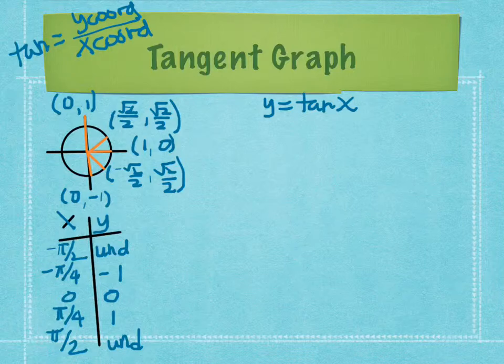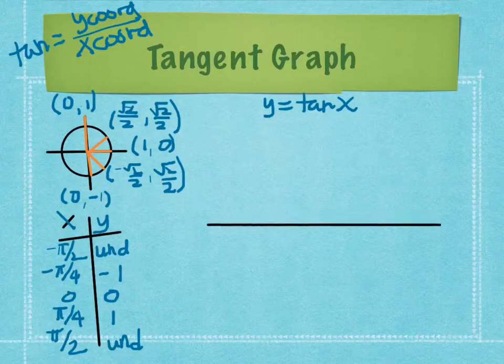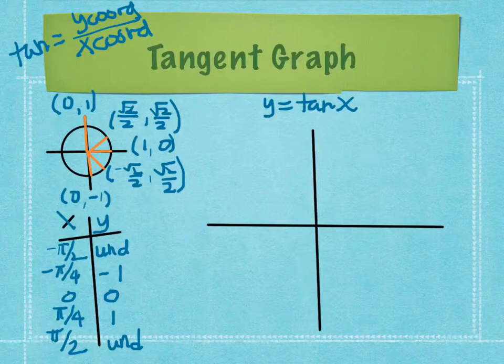On my xy axis, I'm going to create some asymptotes, and to make clear that they are asymptotes, I'll use yellow and a dotted line.